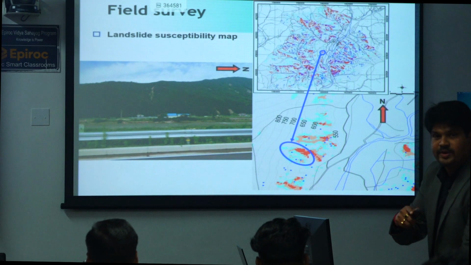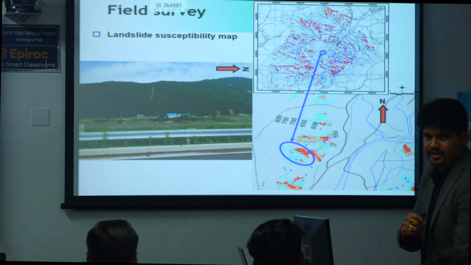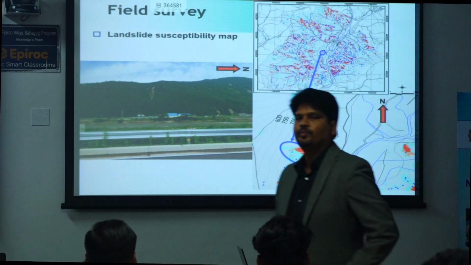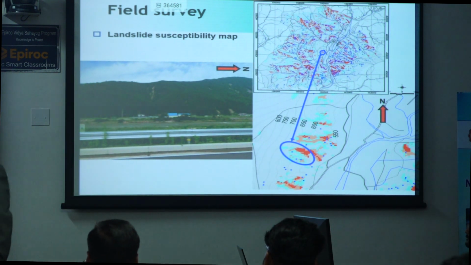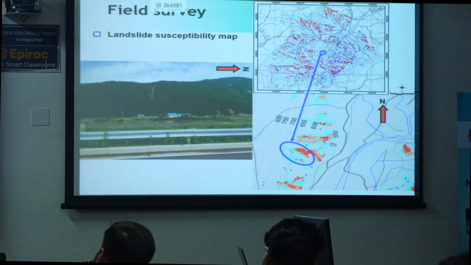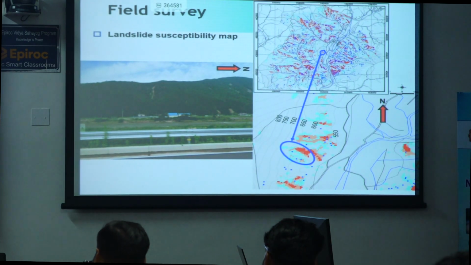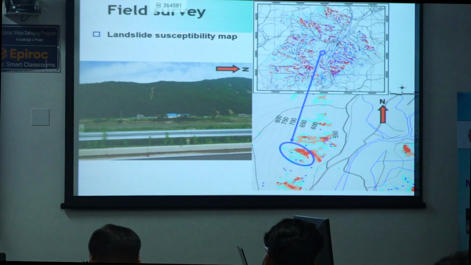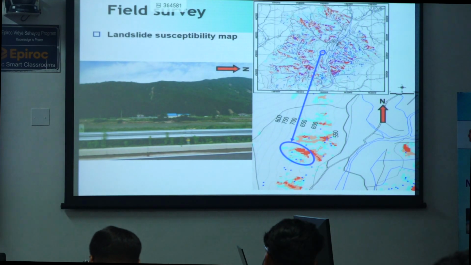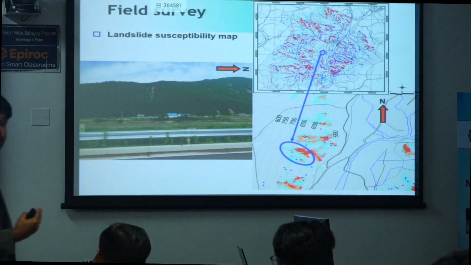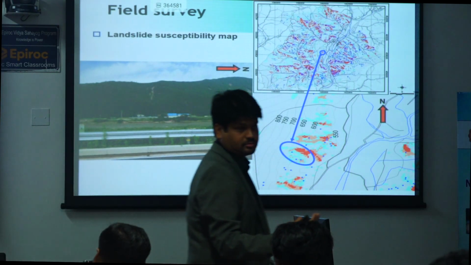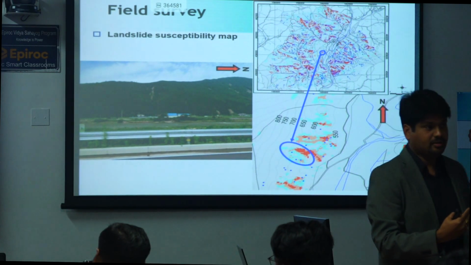Then another aspect of validation is also field survey. That means randomly you pick up some areas where you do not have a good distribution of the training sample data. Go to the field and then check. There might be some new landslide that has happened. Maybe the data is 2 years old. Now in the last 2 years maybe some new landslide would have happened. So that is called field validation. Okay?